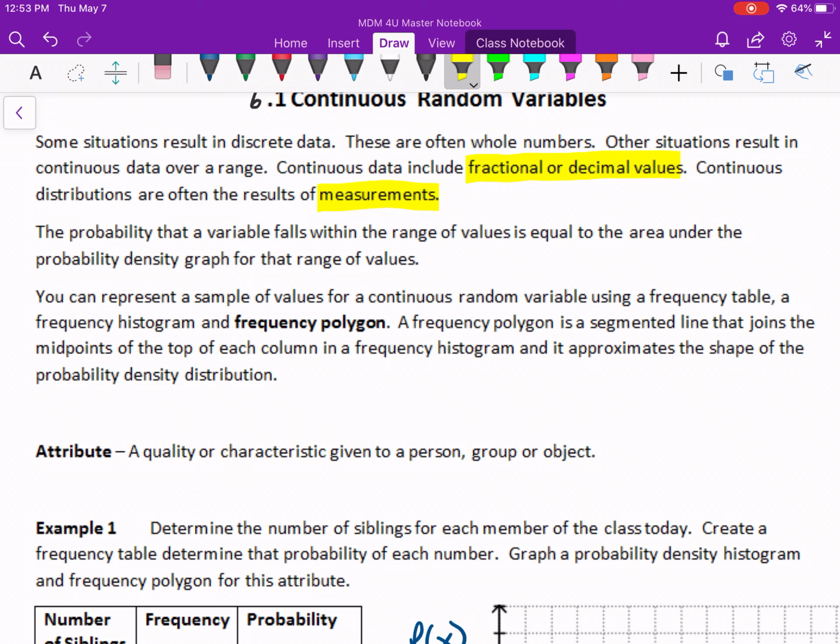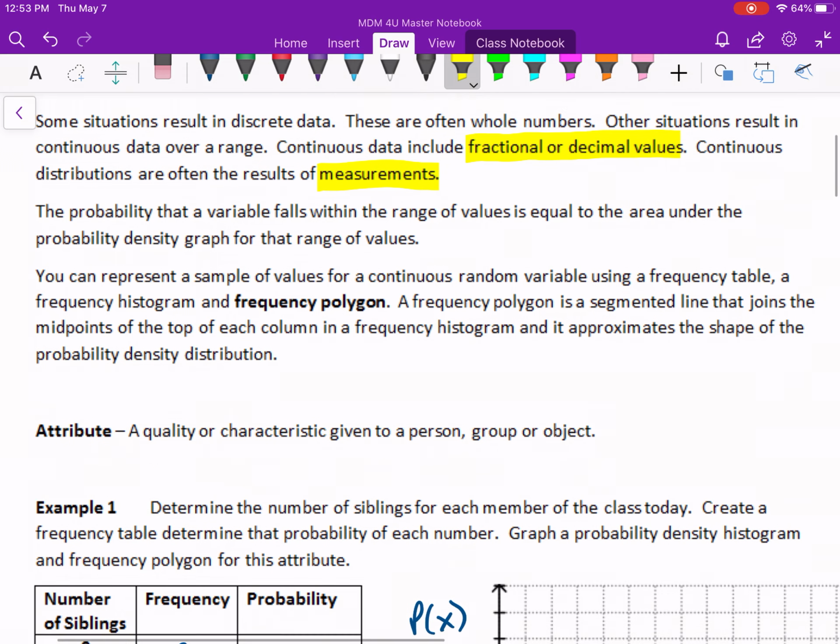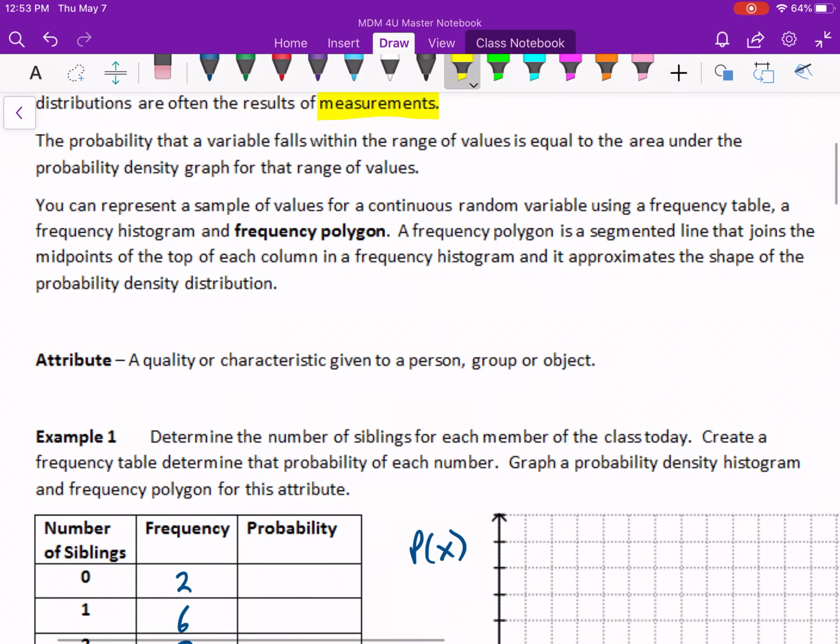That's going to present some specific problems as far as calculating probability goes, if we can't just count specific numbers. And there are ways to get around it. The probability that a variable falls within a range of values is equal to the area under the probability density graph for that range of values. That's just talking about if we look at a histogram, which we will in this lesson, it gives us a visual of probabilities.